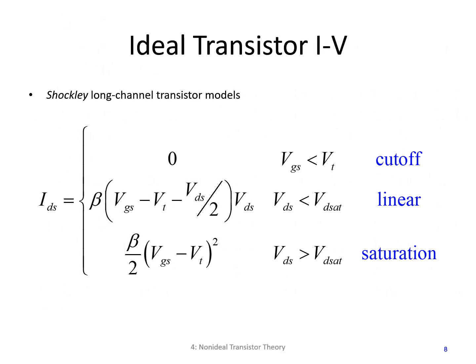For an ideal transistor, as per Shockley long channel transistor models, the drain-source current can be given as the following for the cutoff region, linear region, as well as saturation region.